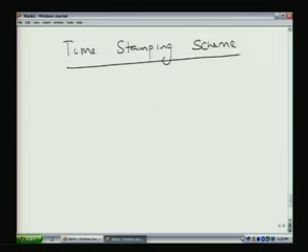Okay. Now, what we have is the basic time stamping scheme, which shows how exactly transactions can be executed by having a basic timestamp being given to both the transaction as well as to the data items. Okay.